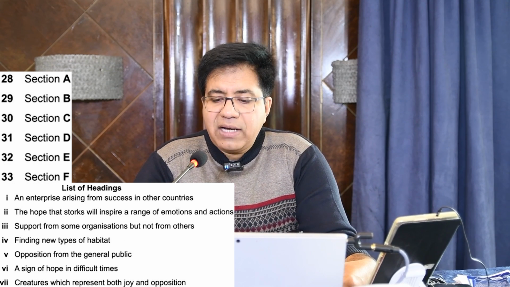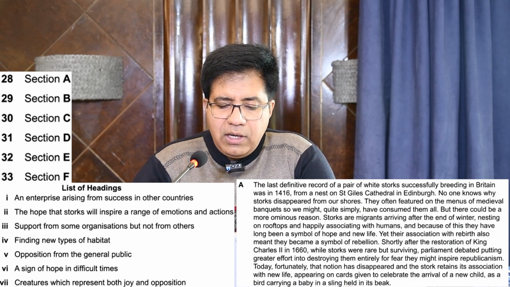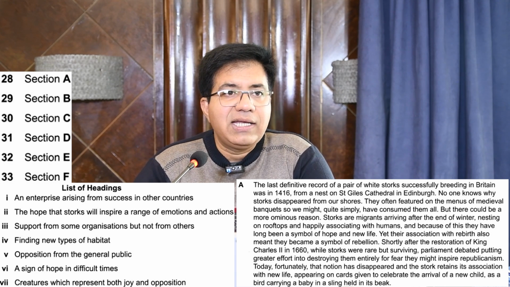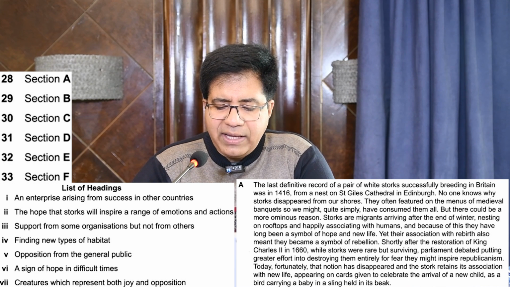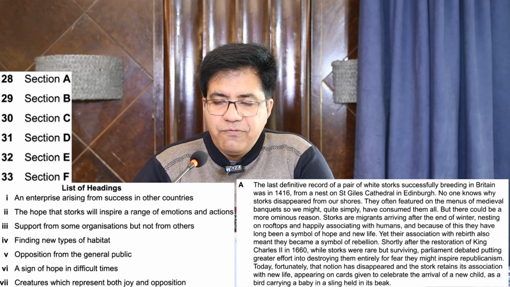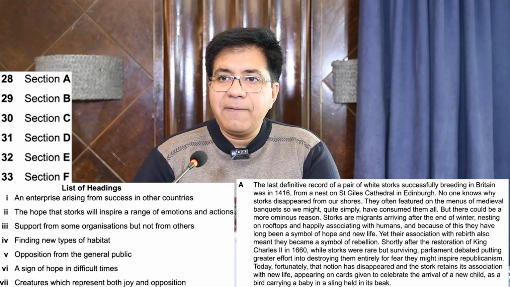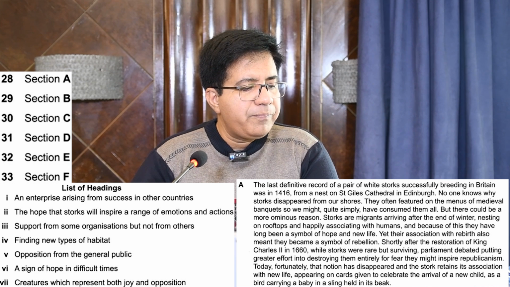Okay. Now, please come to paragraph A. I'm starting it from here. The last definitive record of a pair of white storks successfully breeding in Britain was this and that. Now they started with a past event. Now let's skip some lines and please come to the fifth line after the full stop. Storks are migrants. Found it? I'm reading paragraph A. Fifth line after the full stop.